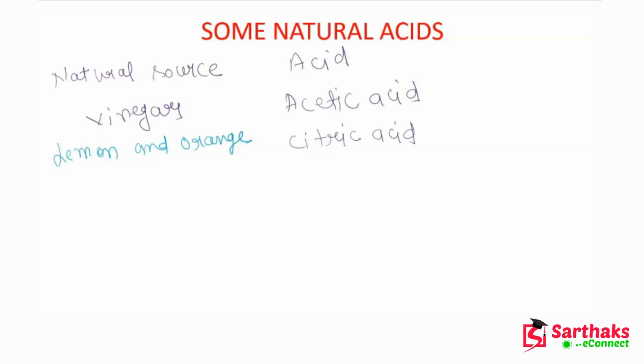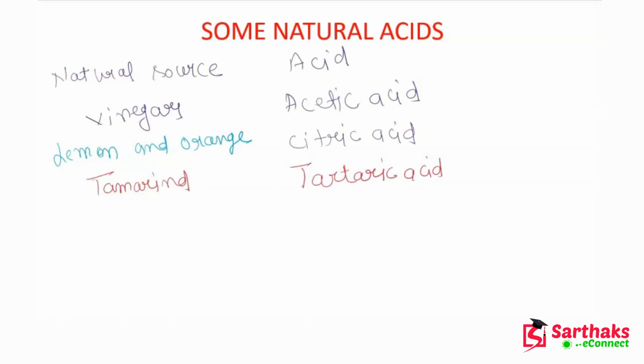Tartaric acid we had seen in the example that it is found in tamarind. This is responsible for the sourness of tamarind, and citric acid is responsible for the sourness of lemon and orange.